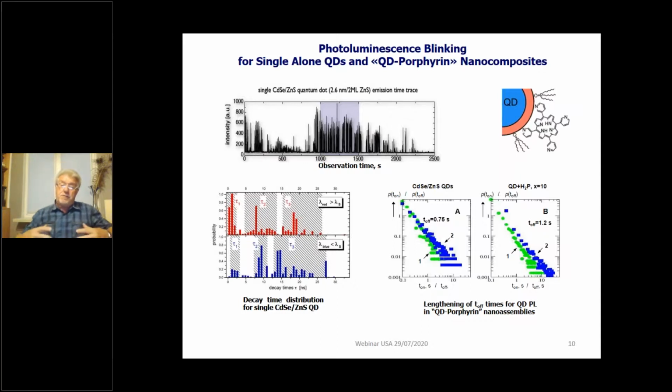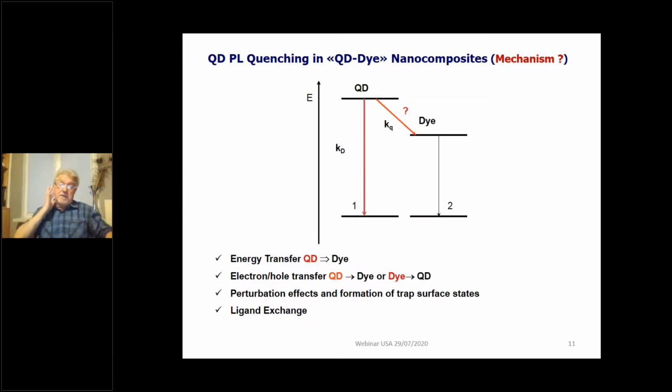So on the level of single quantum dot detection, we also observe quenching of excited states, presumably at one nanocomposite. This is an example of the formation of our nanoassemblies, but the problem is, what is the real mechanism of such quenching of photoluminescence of excited states of the quantum dot?